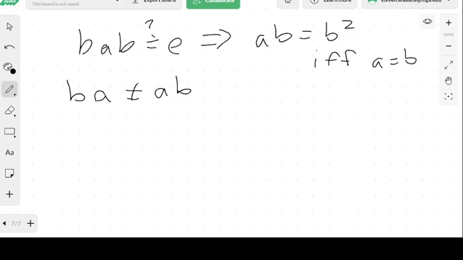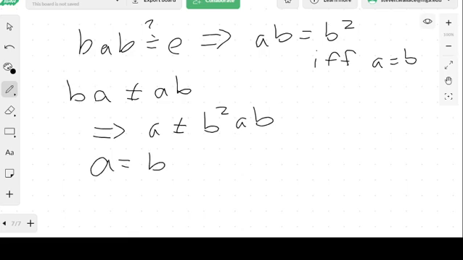Because it's not abelian. But what if we had A is equal to BAB?